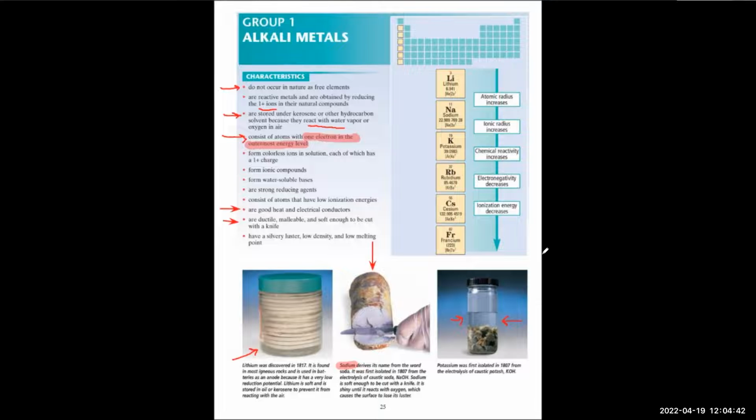They have a silvery luster. You don't see it here because of the pictures, okay? But they have a silvery luster. And here, in sodium, for example, you see all this outer layer that looks brown. This happens because this sodium is already reacting, it's been oxidizing with the oxygen that is in the air, okay?